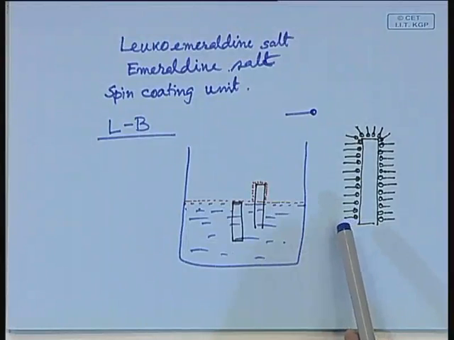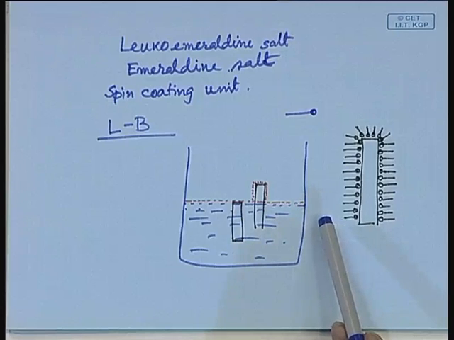In our center we have one Langmuir-Blodgett film deposition unit. If you are interested, you can see that unit, and you can do some experiments there in your lab class also. So, this is called LB deposition, Langmuir-Blodgett film fabrication or deposition.